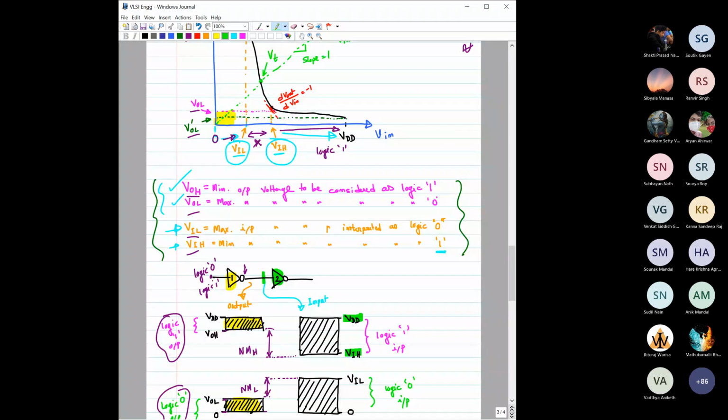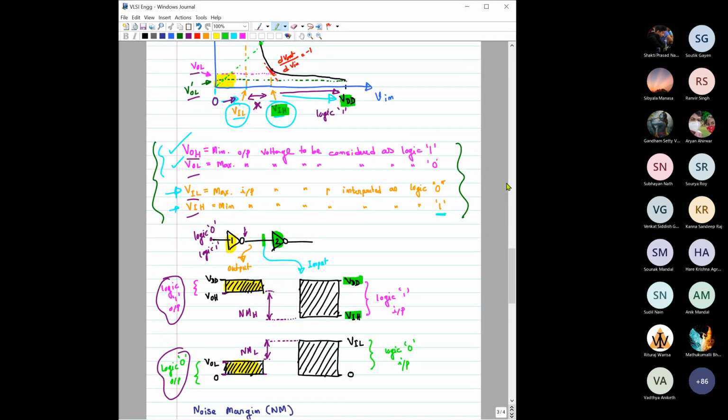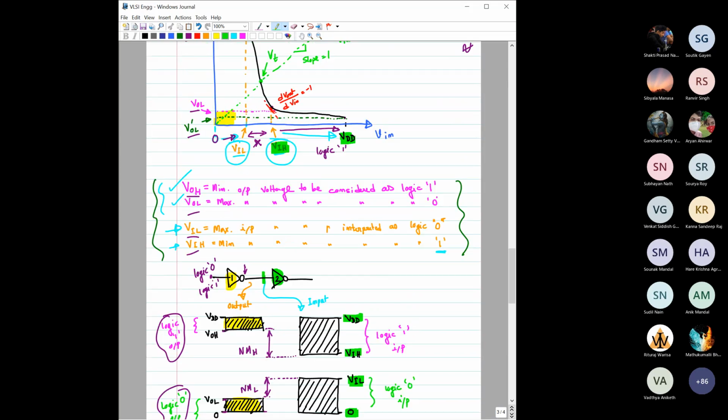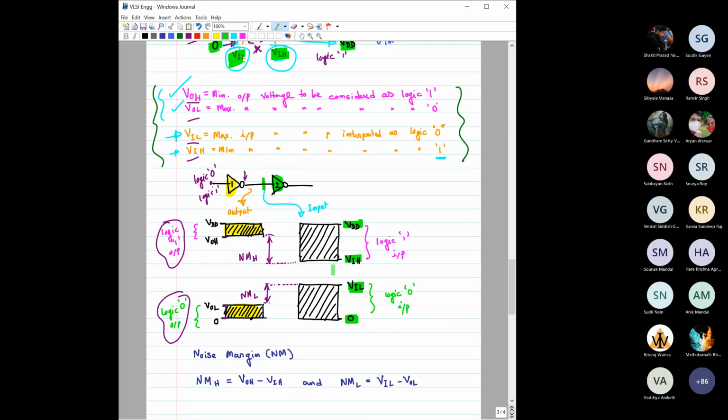So it is from VIH till VDD. Or if it is logic 0, then it can be from 0 to VIL. That we have also seen from here. So we get a band on this input side like this.